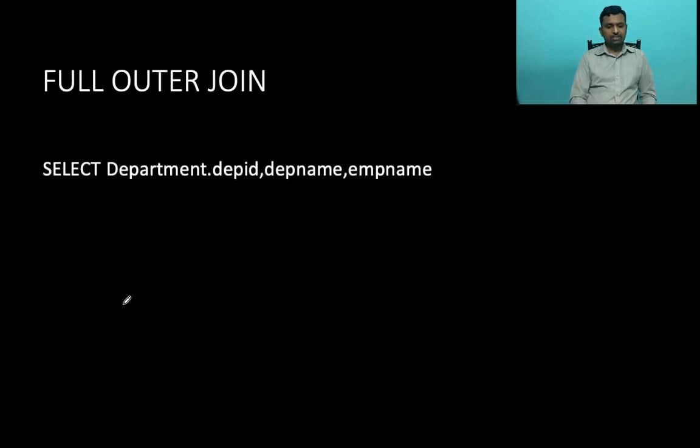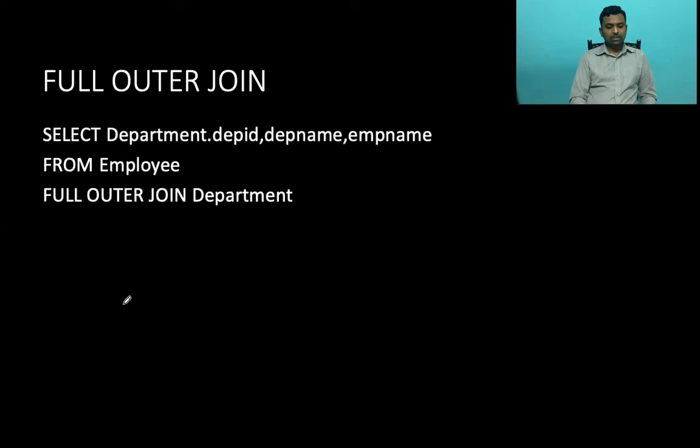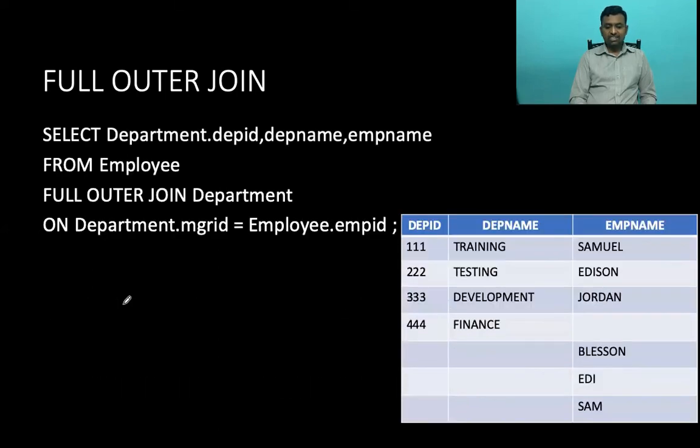So the next thing is my full outer join. When I say full outer join, irrespective of related or not related, everything will be printed. You can see that the training department's manager is Samuel, testing department Edison, development department Jordan, and finance department has no manager.